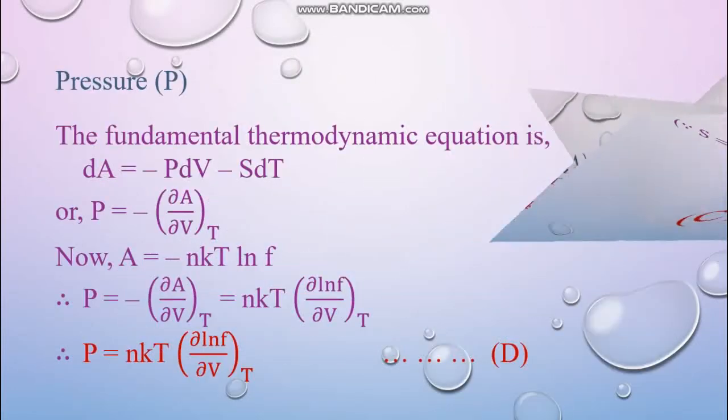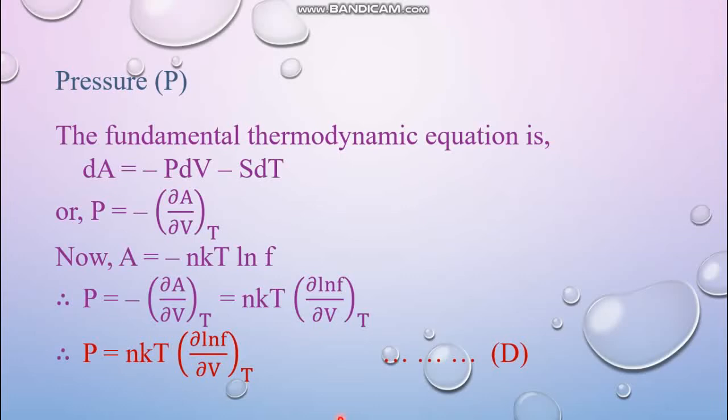So this is equation C, which expresses A in terms of F. Now pressure. Pressure is a very important state function. If the expression of pressure is derived, then the expression of volume or temperature can also be derived, but you have to think which parameter you have to select.